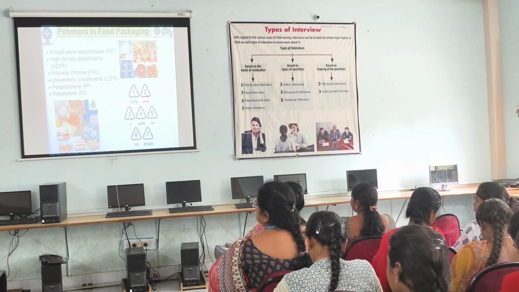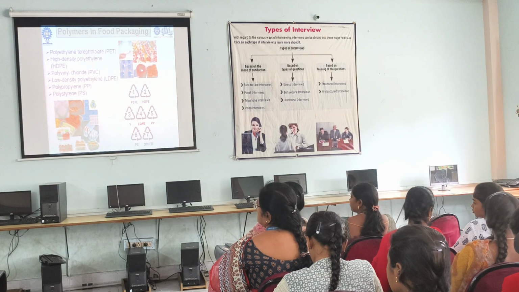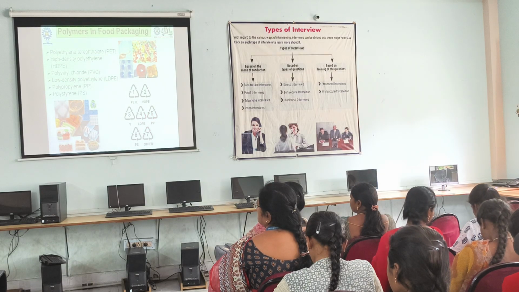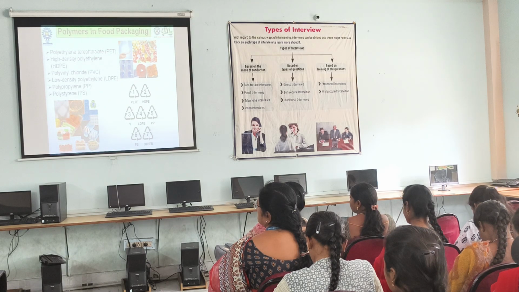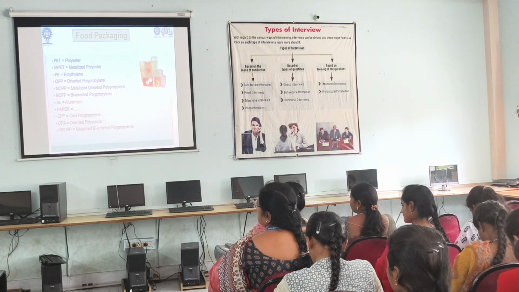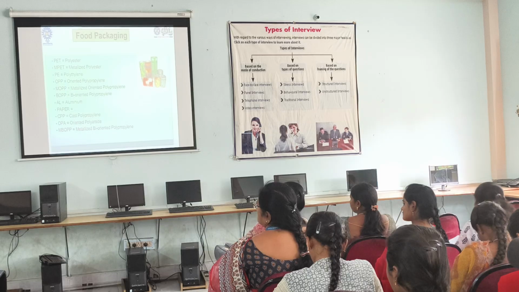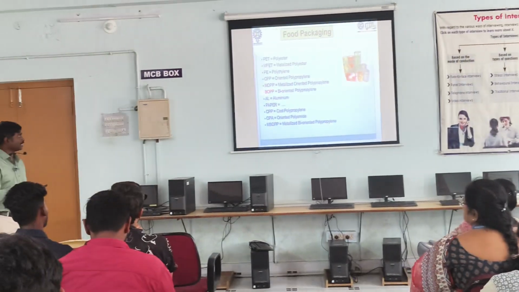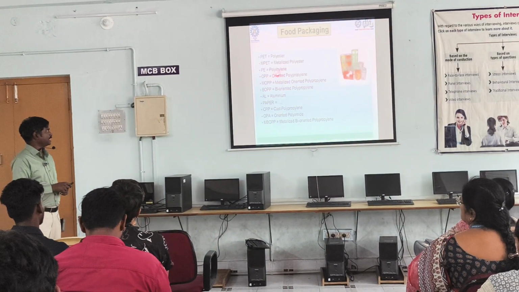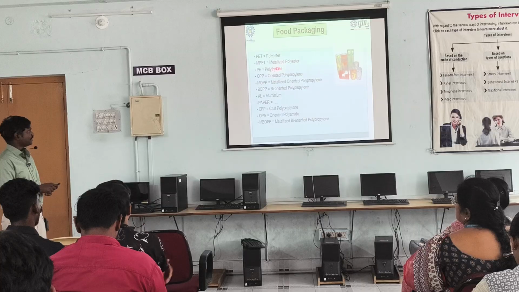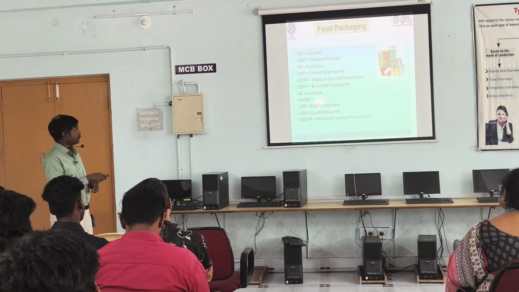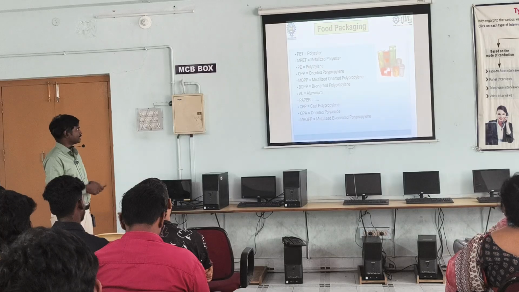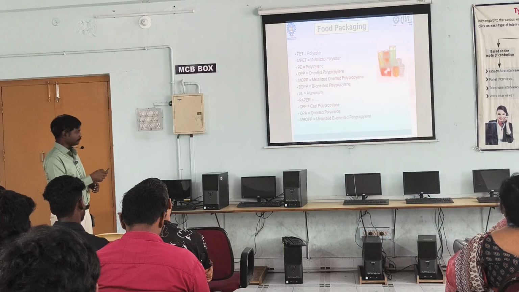Otherwise, there are polyethylene bottles and polypropylene bottles also, so to identify them we use the recycling codes. Most food packaging comes in several layers. One is metallized, and we are using oriented polypropylene. All the food packaging material will be covered from these materials.